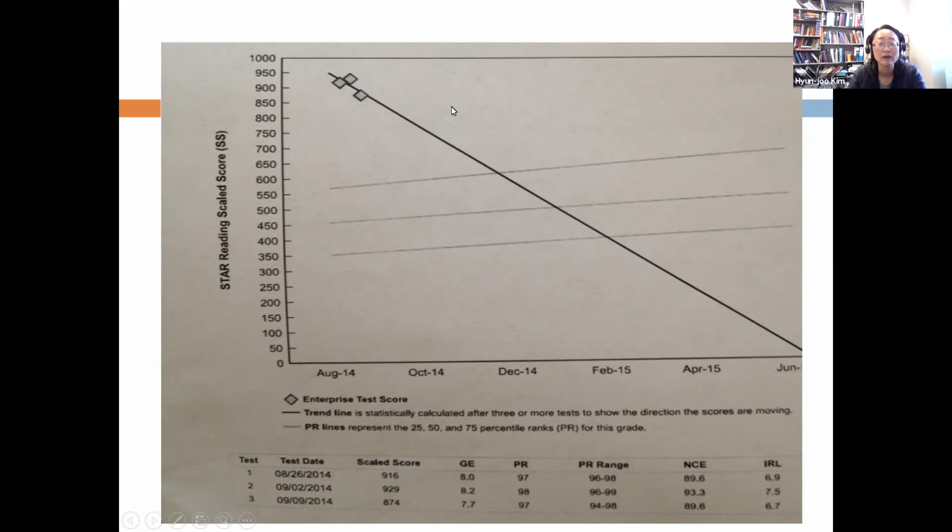First, the linear regression line is based on only 3 data points, right? 1, 2, 3. Thus, it was seriously affected by the fact that her third test score right here is slightly lower than her first 2 scores, and then it predicts a downward relationship.